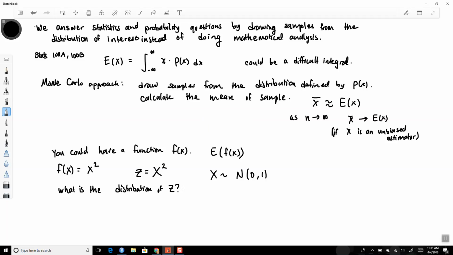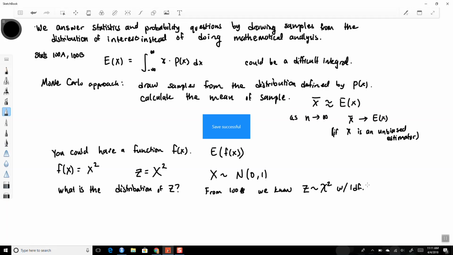The chi-squared distribution, 1 degree of freedom, right? So we know from mathematical statistics, from 100B, we know z comes from chi-squared distribution with 1 degree of freedom.